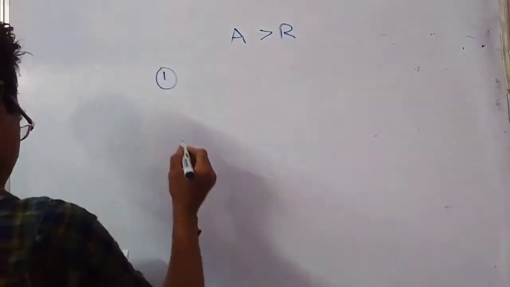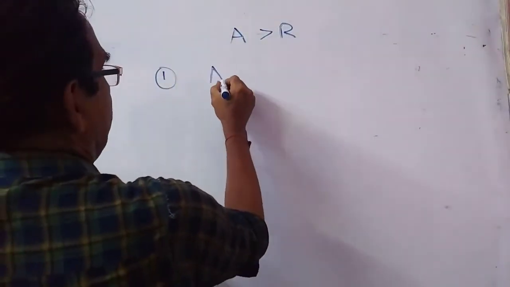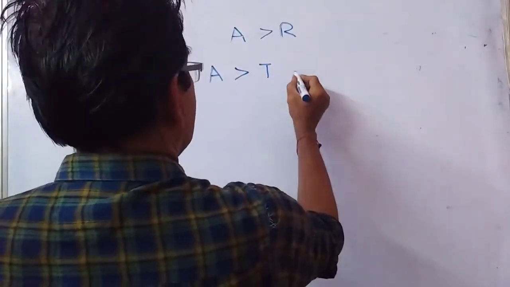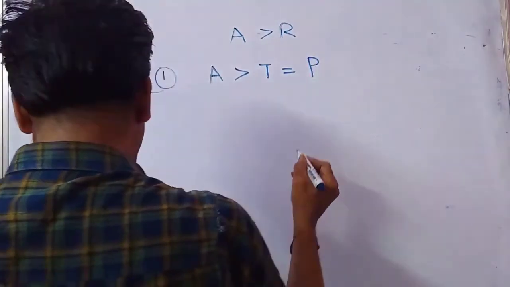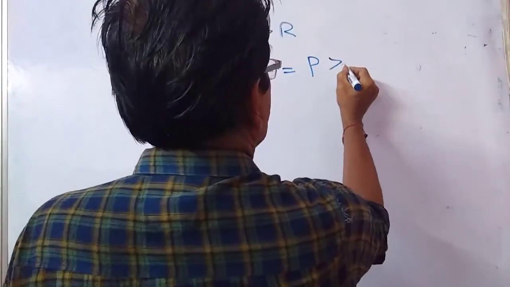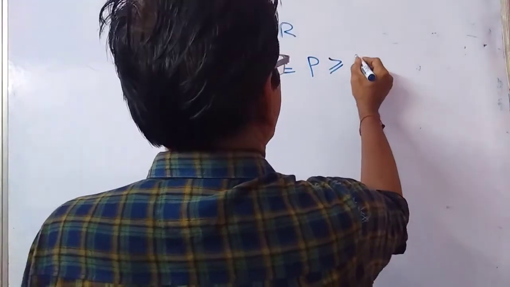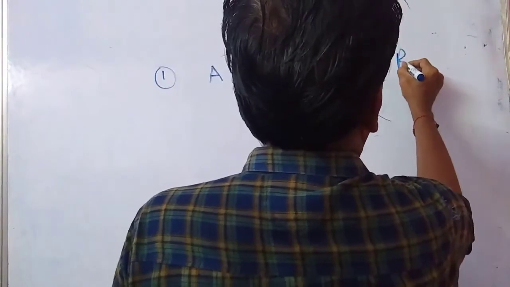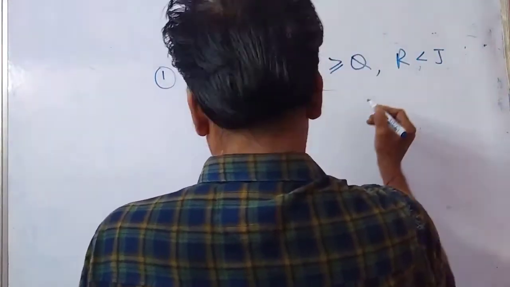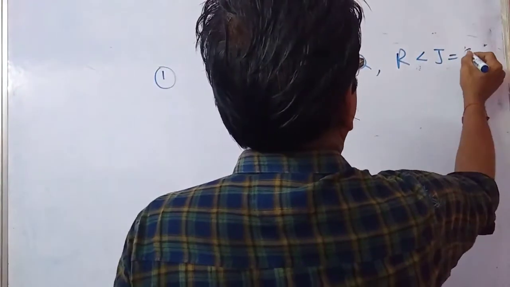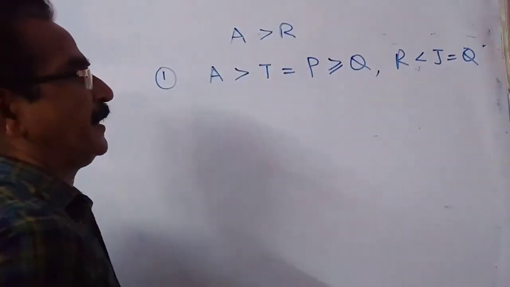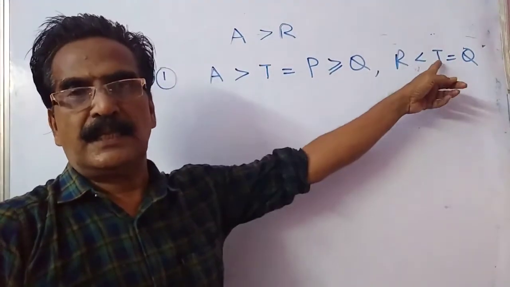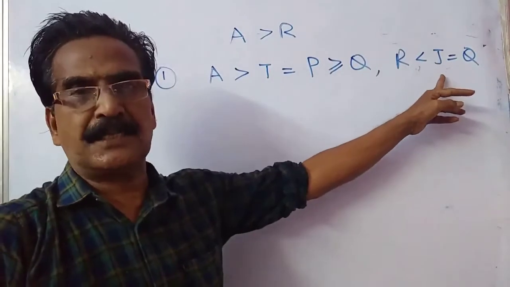Let us see the first option. The first option is this: A greater than T, T is equal to P, P greater than or equal to Q, comma, R less than or equal to Q. So in the first option, these two statements are given.